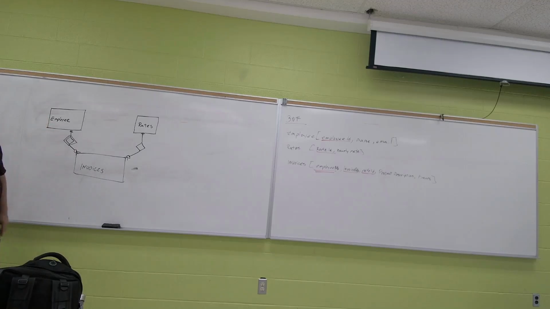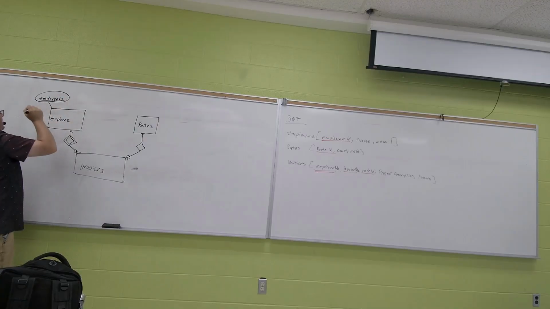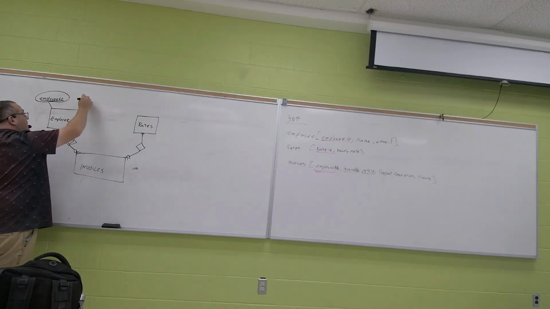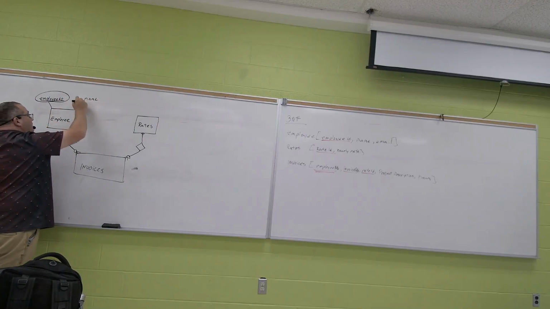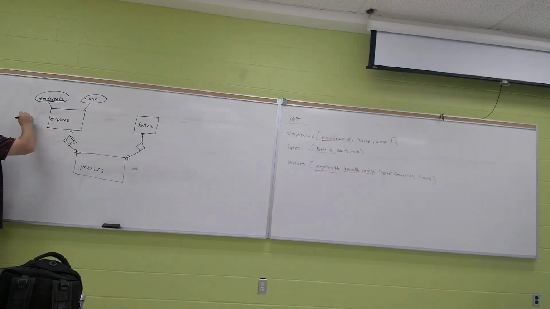All right, so we've got our basic table. We're going to put in our attributes now. We've got our employee. So on that, employee number, underlined as the key. We have the name and the email.